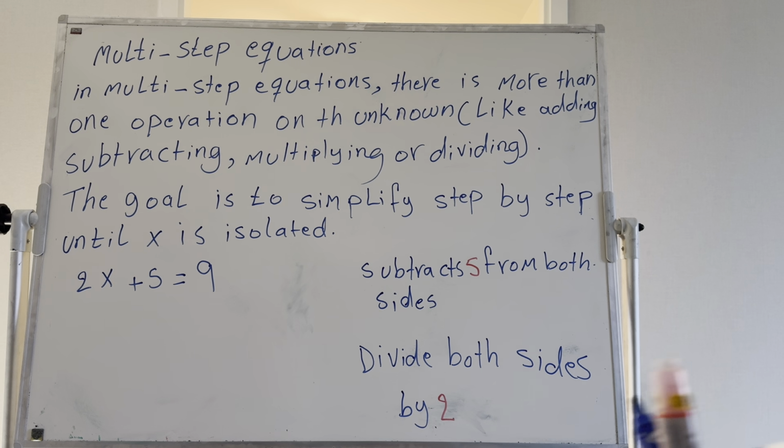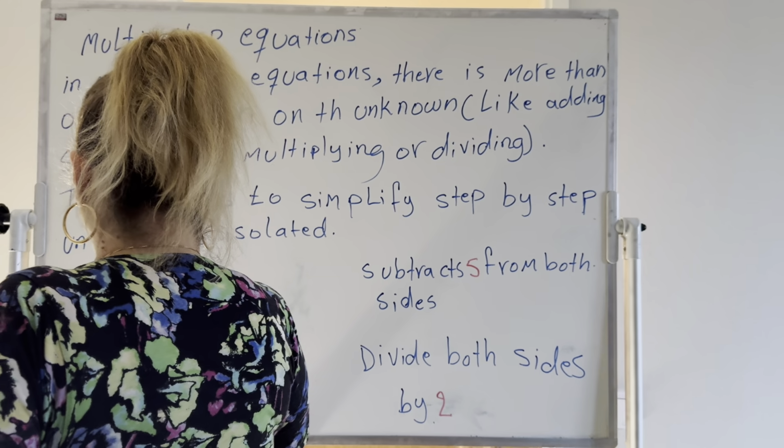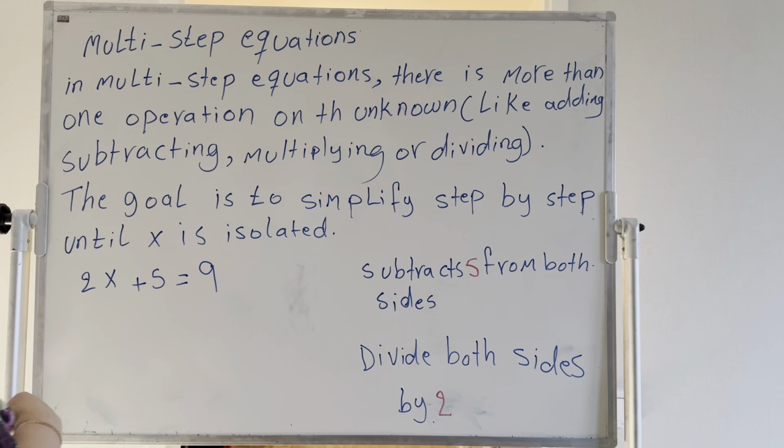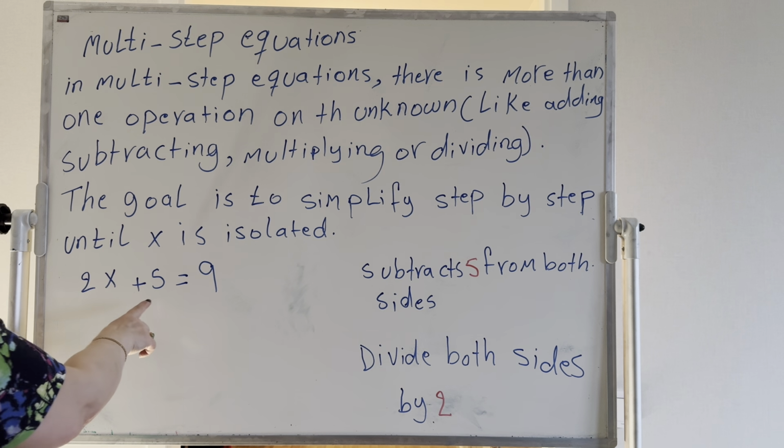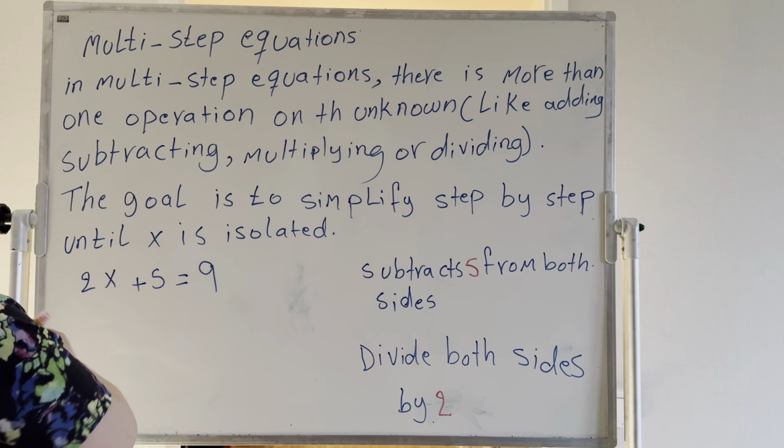I will begin with the first example. 2x plus 5 equals 9, and as the first step I will subtract 5 from both sides.